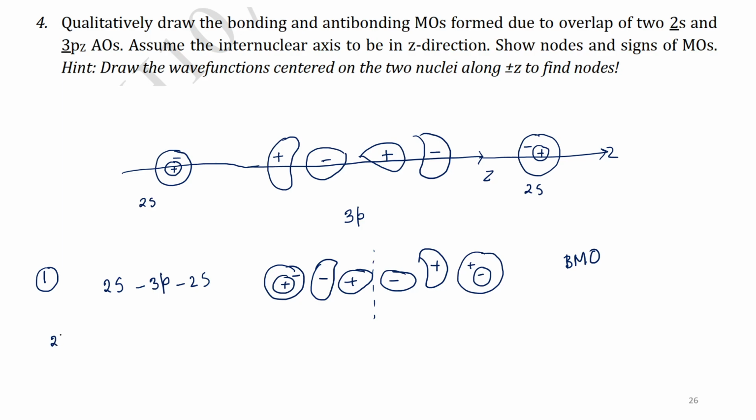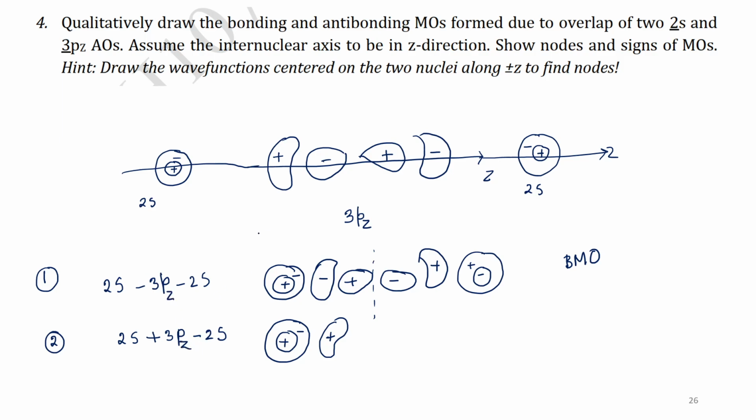And another would be the anti-bonding: 2s plus 3p minus 2s. Plus, minus, now it is plus 3p. I have already identified my 3pz, I should say.